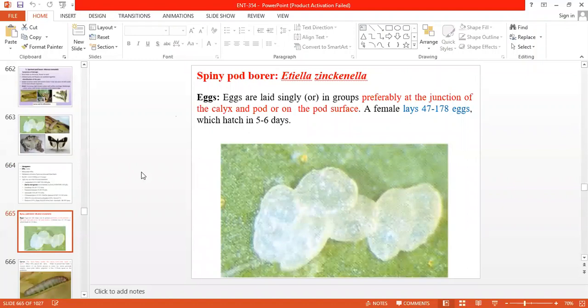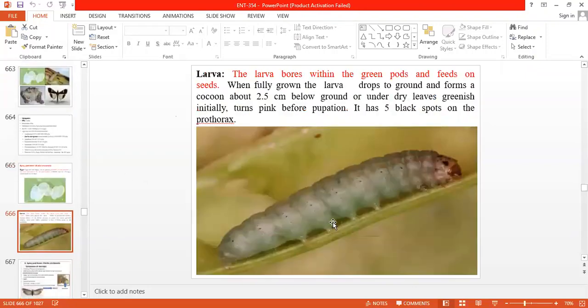That's why it is called a spiny pod borer. Eggs are mainly deposited singly or in groups, preferably at the junction of the calyx and pod or on the pod surface. A female deposits 47 to 178 eggs which hatch in 5 to 6 days.